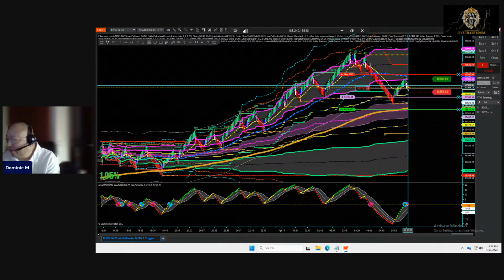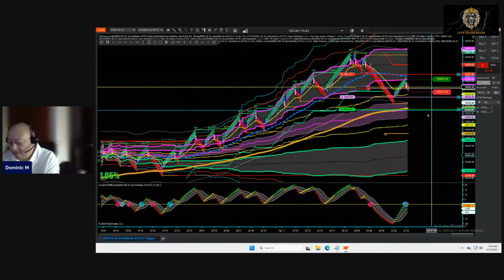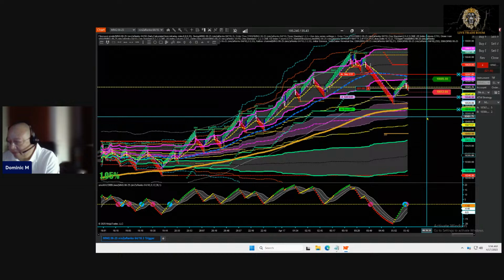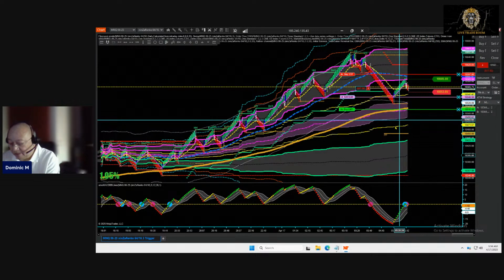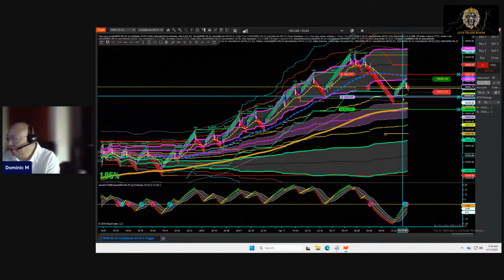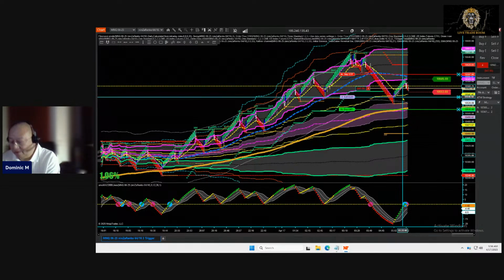Yeah, that's where my entry is. So what I'm entering here is a conditional short. Target, retest of cloud. So basically 18,540. 18,540 would be my first target. Or no, that's where I actually have a scale in.